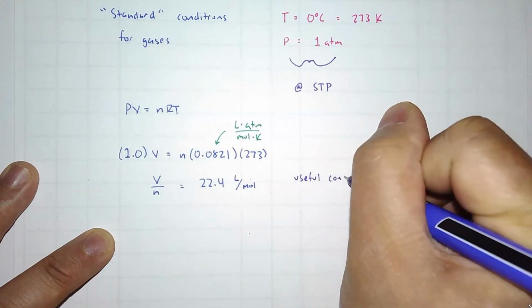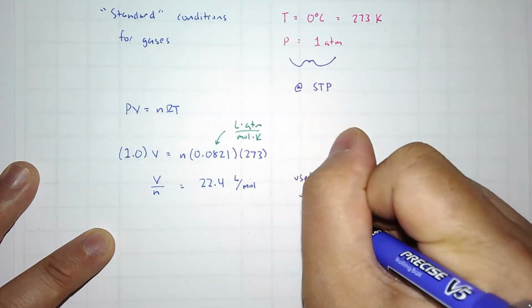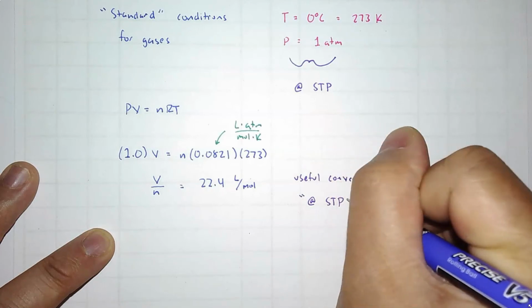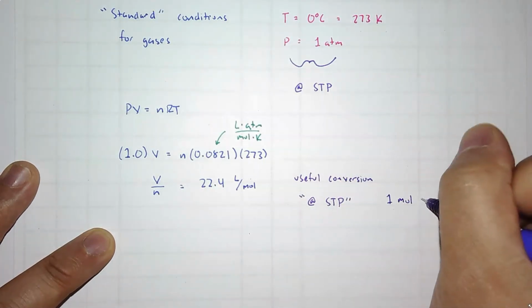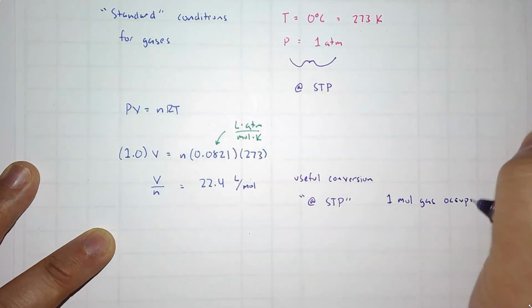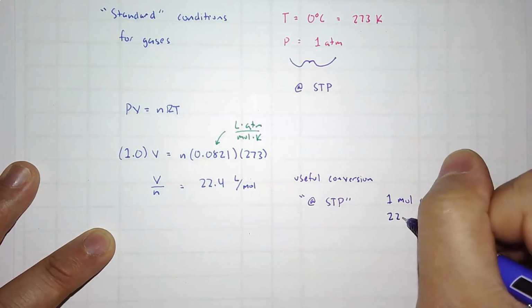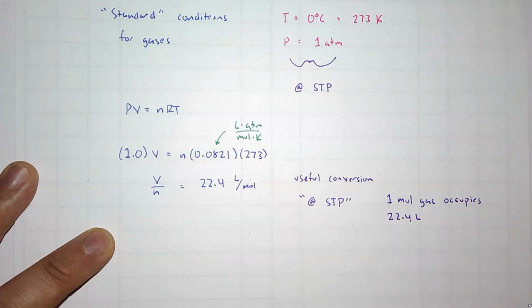Because what you could say is at STP, 1 mole of gas occupies 22.4 liters, regardless of what the gas is.